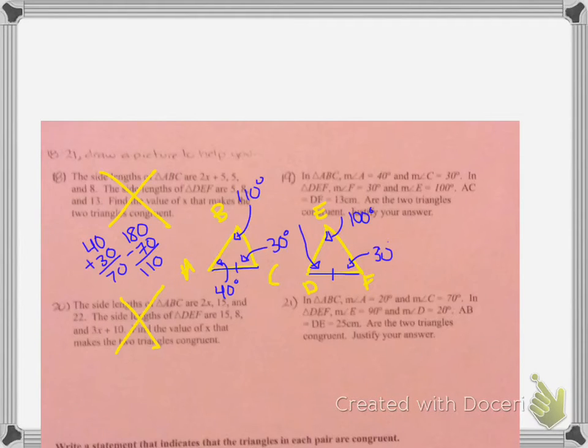Now I'm going to find this missing angle D. I would do the same method. 100 plus 30, sorry, it's not 140, 100 plus 30 is 130. I would subtract that from 180 and get 50. So this angle over here is 50. Now we have a problem here because not all the angles match up.